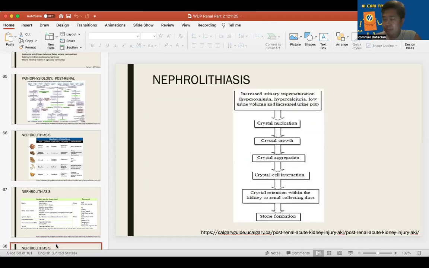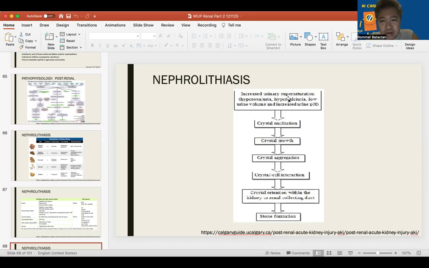So what happens? If there's a risk factor, whether it's genetic or diet, there is an increased urinary supersaturation. There is hyperoxaluria. Oxalate promotes stone formation.